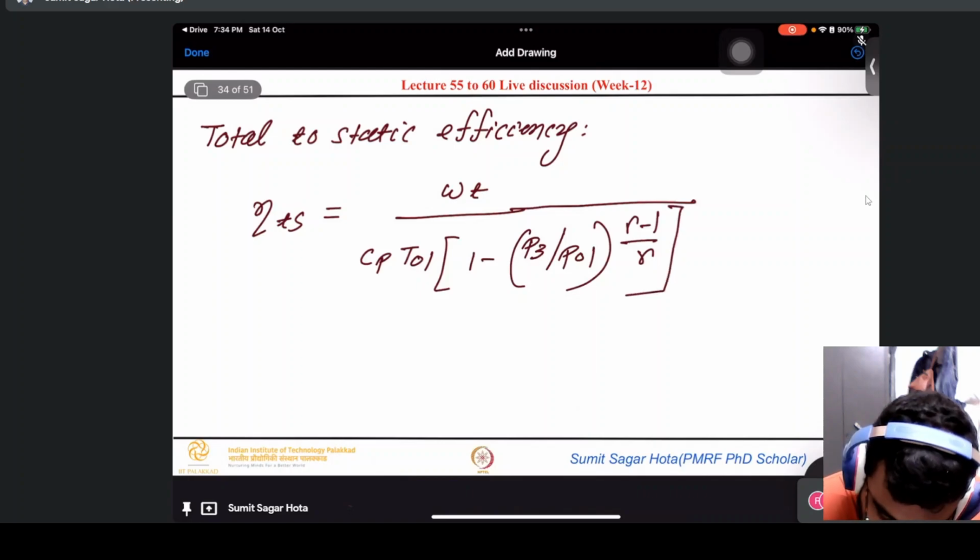When you are solving this kind of very big questions, you should remember all these formulas directly. Don't derive them and waste your time.